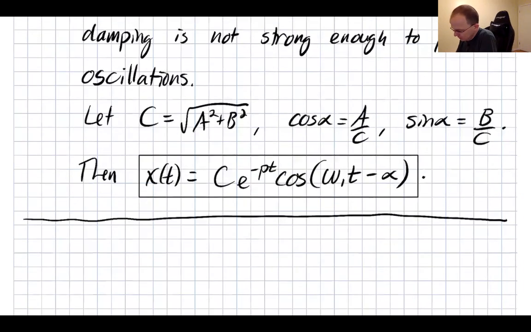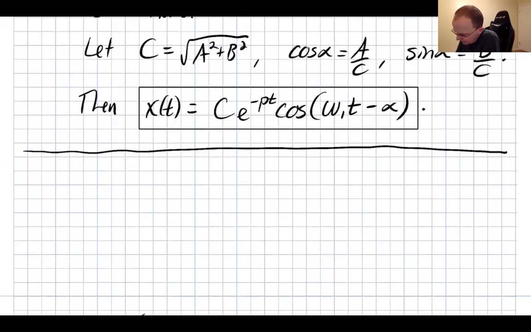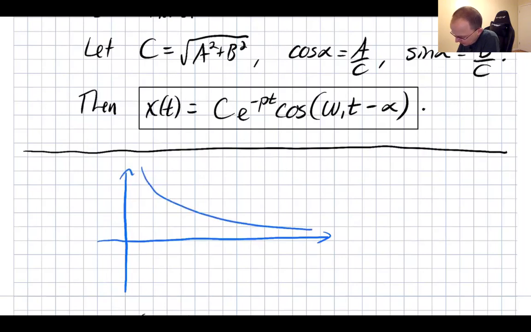Okay. So it might be nice to see a bit of a picture of what this could look like. Let's see if I can draw a quick picture of this. Imagine this is our function. This will be c e to the minus pt, and this is minus c e to the minus pt.